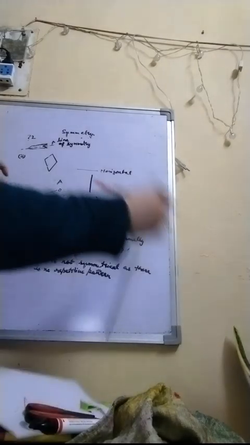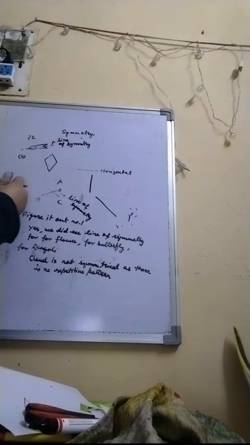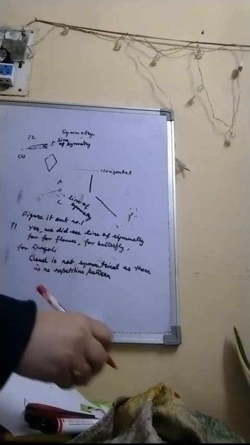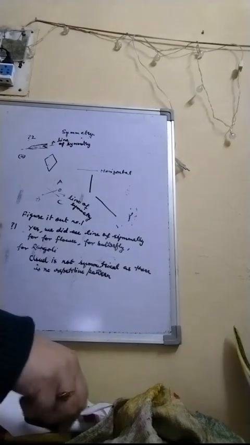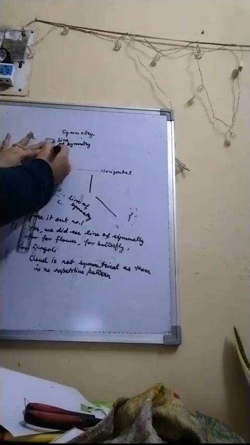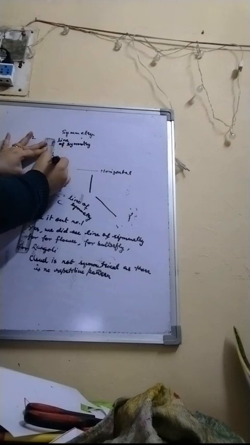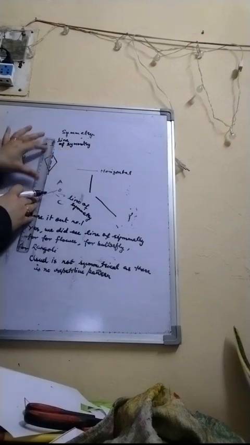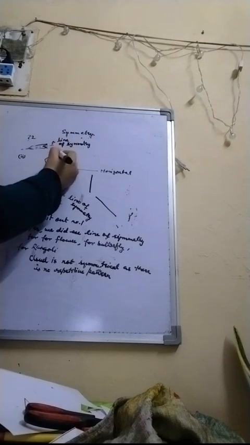So you can say that the vertical fold is the line of symmetry. So in the figure, we will make the line of symmetry along the vertical. This is the line of symmetry.